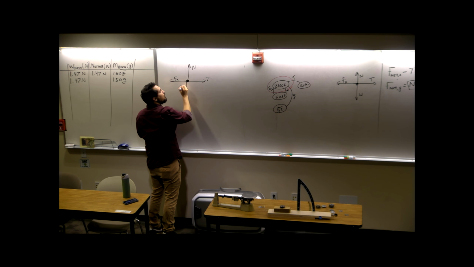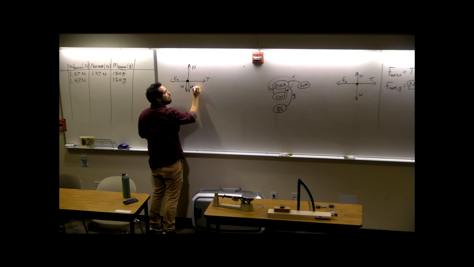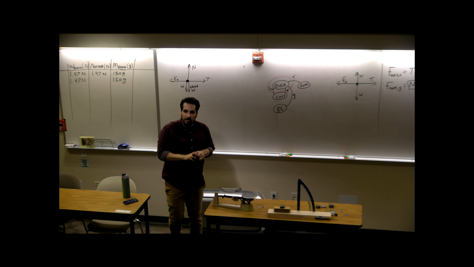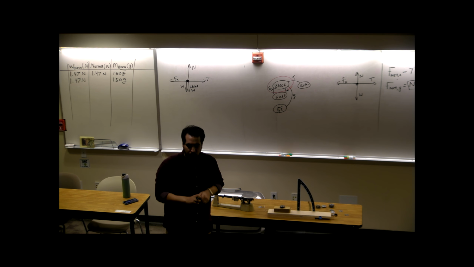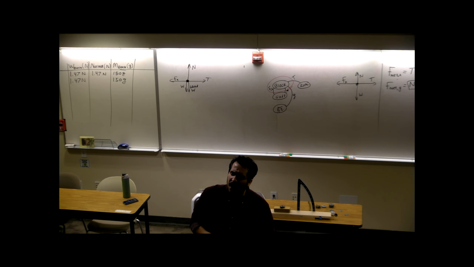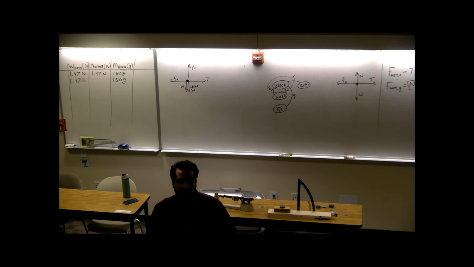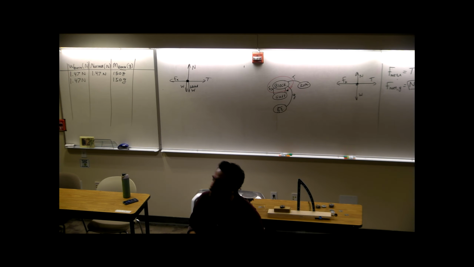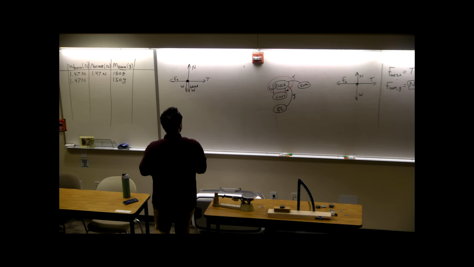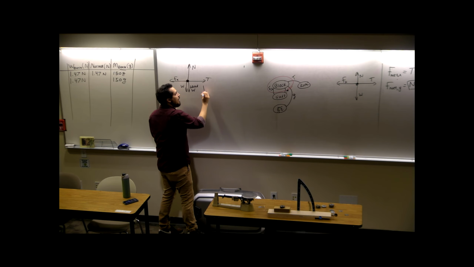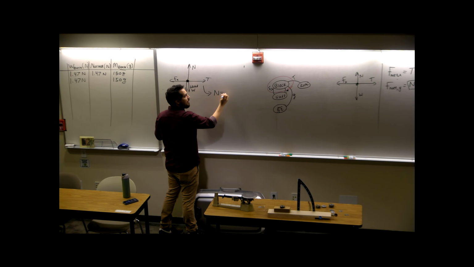And vertically, we have normal force. Going down, we have the weight. We also have the added mass, adding extra weight to the system. So I'm just going to add a W there to represent the added 200 grams of weight. And when we do this, we'll find that still the vertical forces cancel out.